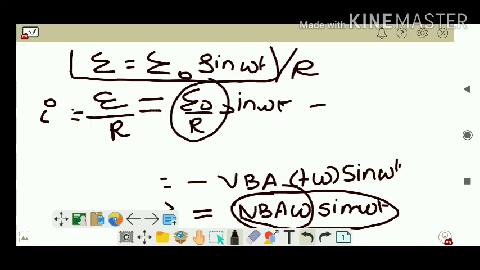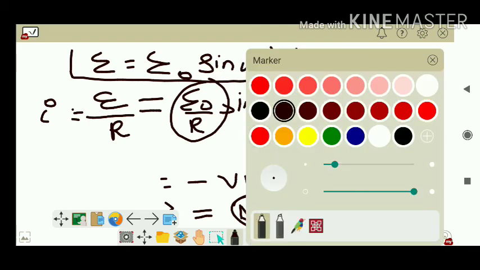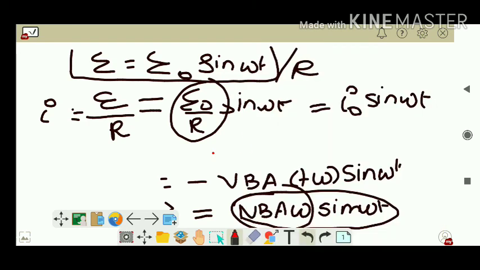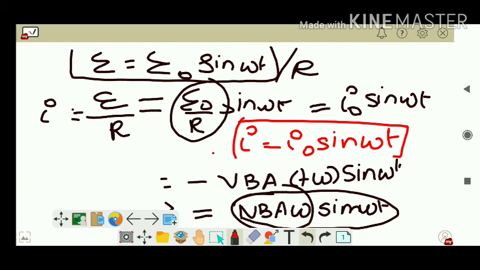Let's say it is I naught, the current. I naught sin omega t. So, writing it in explicit way, I is equal to I naught sin omega t. Similarly, this is the induced current inside that coil, and the previous expression is the induced EMF inside a coil present in a magnetic field, where the coil is rotating with an angle theta with a velocity omega.